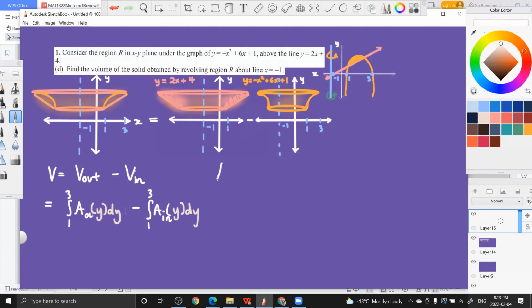And then it's the same thing. A out is equal to pi times the radius squared, because it is a circle. We reach from the origin to our cross section. The distance here to here is y, and the distance from here to here is x.